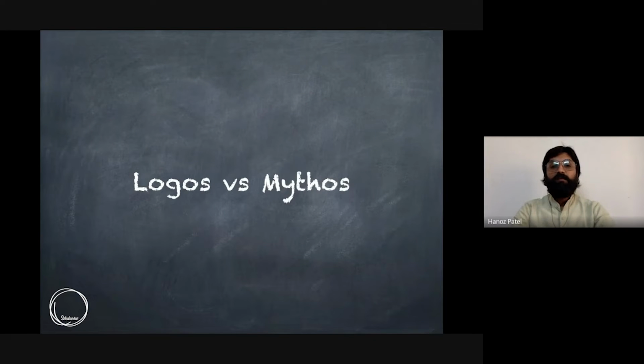But in ancient Greek, there was not much difference between the two. They considered both of them on an equal platform. Logos was equally important, while mythos was also equally important. Based on the mythos and their ancestry and their heritage, or based on the stories that they had, they used to develop further stories and scientifically study everything that was around them.